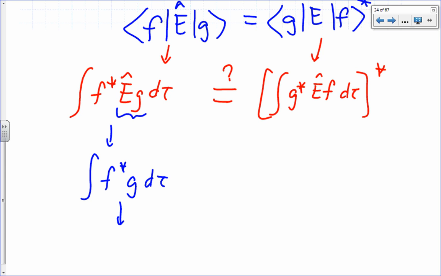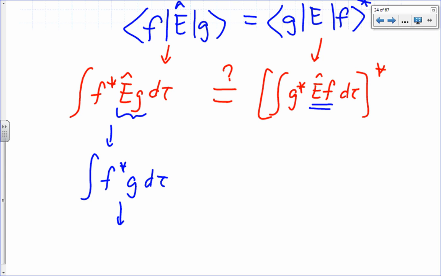Let's just. I want my e now to go with my f instead of going with my g, right? So what do I need to do? I'm gonna pull out the star. I don't want my f to have a star here, right?